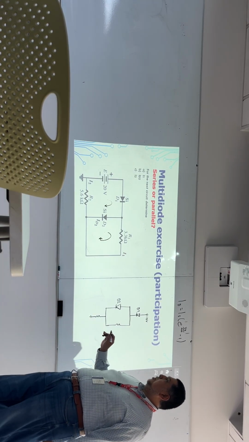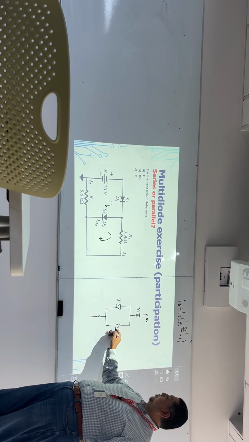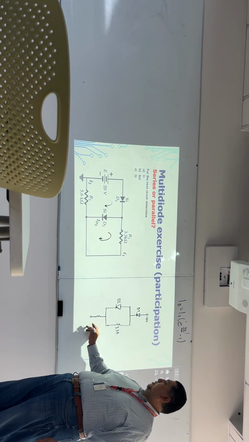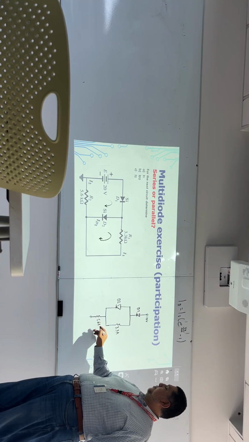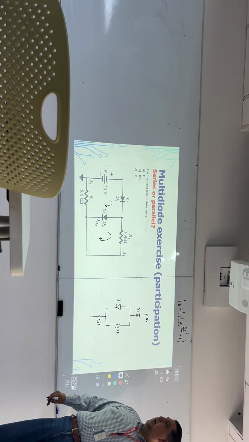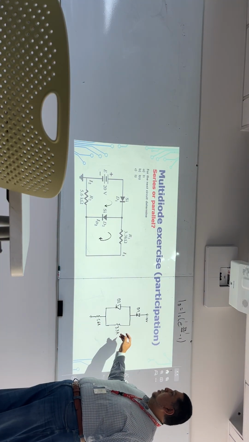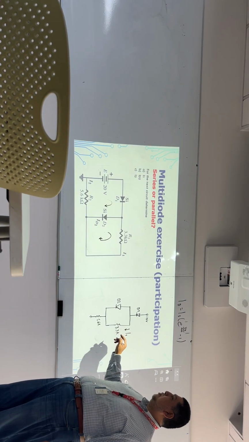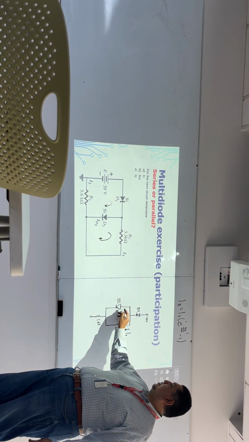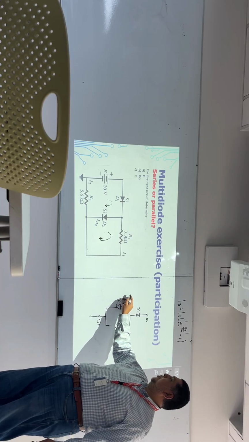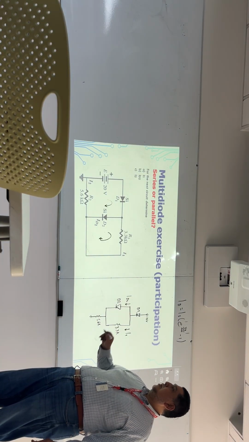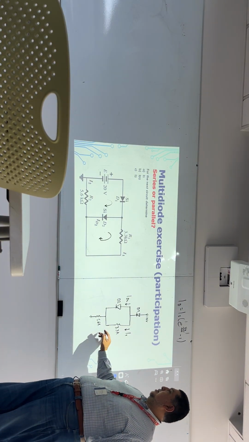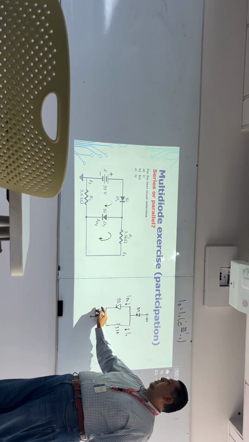Okay, so now what? 3.3K, 5.6K, and the currents. Where is ID1? ID1 is this. I1. This is I1. This one is ID2. Okay, and this one is I2.